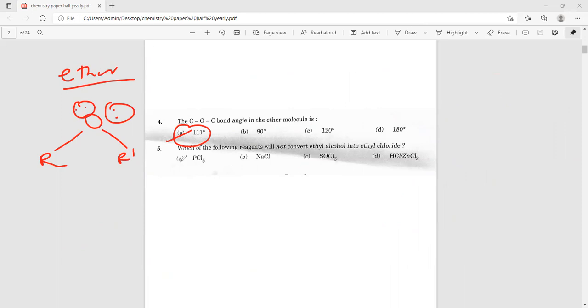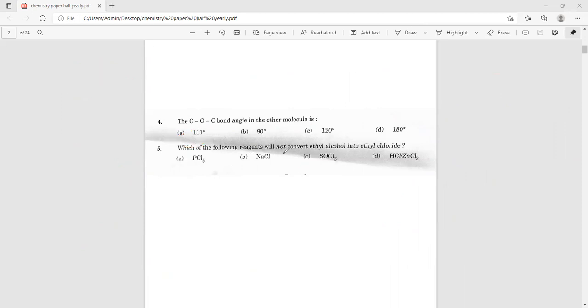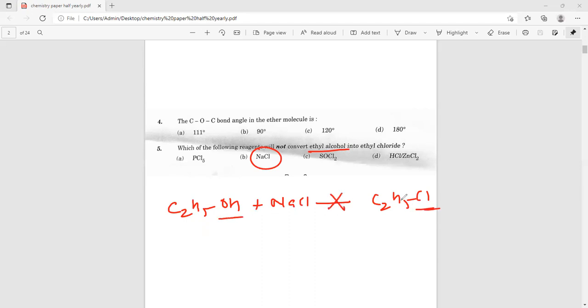Question number 5. Which of the following reagents will not convert ethyl alcohol to ethyl chloride? Ethyl alcohol means C2H5OH and ethyl chloride means C2H5Cl. The answer is NaCl. NaCl does not convert the alcohol into ethyl chloride.